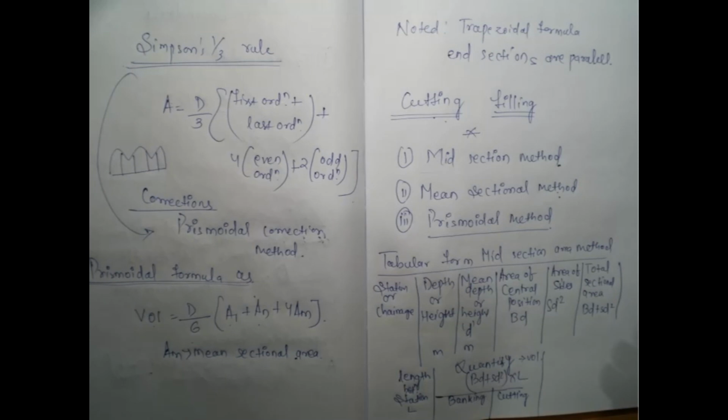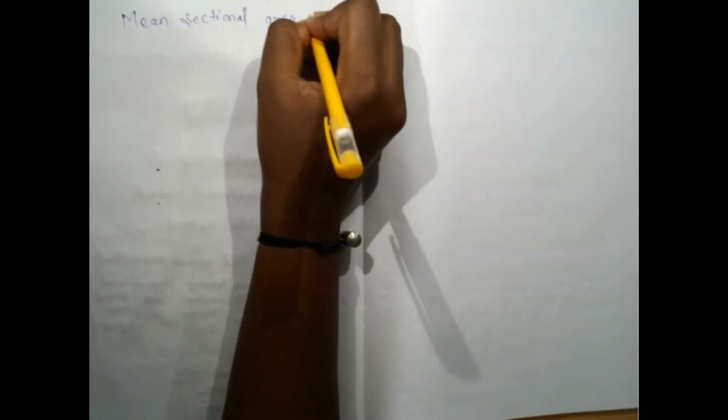Now we will see the formula of the mean sectional area method. So what is the tabular form of this?